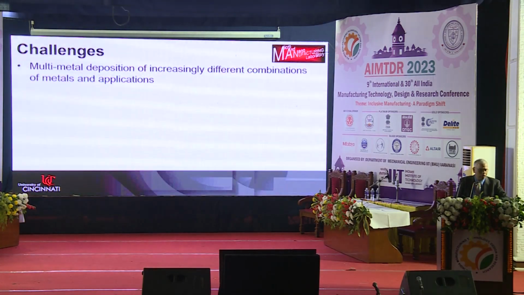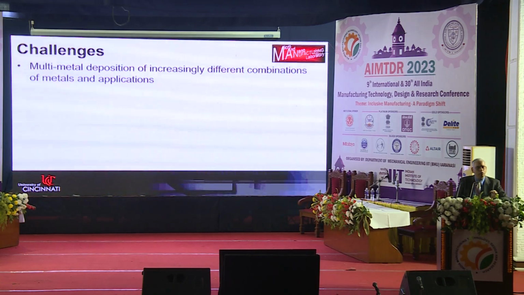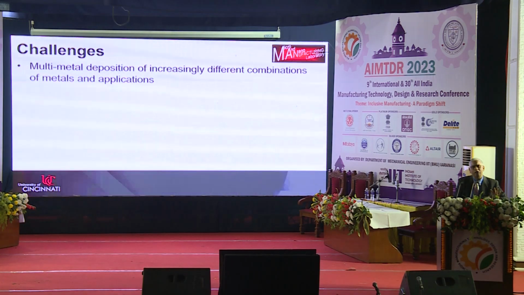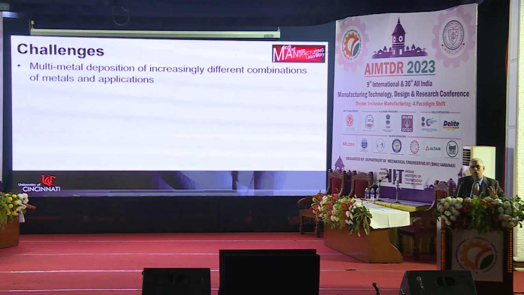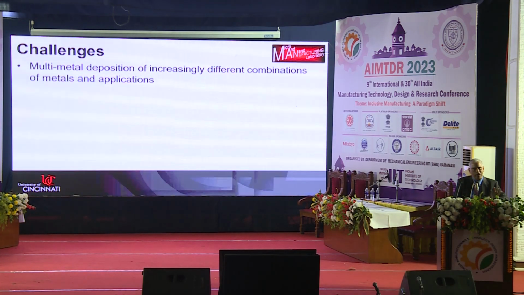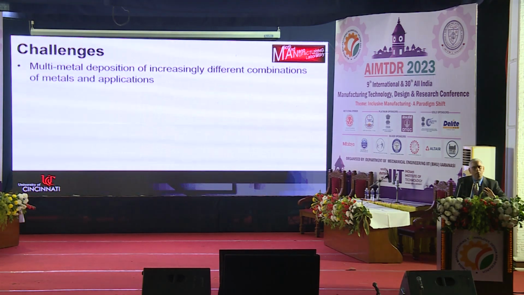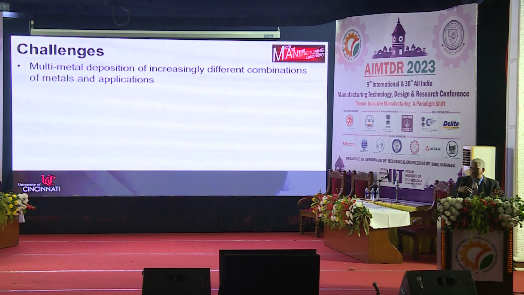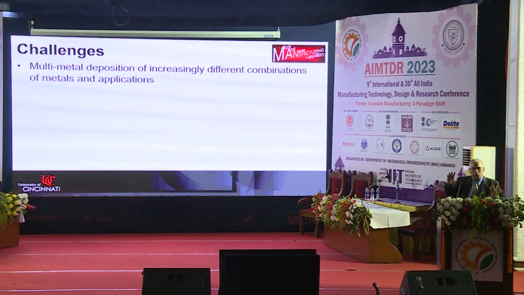So let me touch upon the challenges. Electrochemistry is a crazy animal; you have to train it for each and every metal system. What is really good for one metal may not work for another.